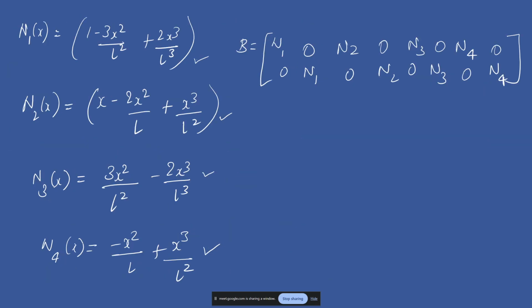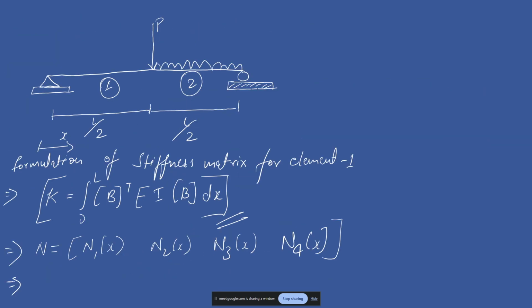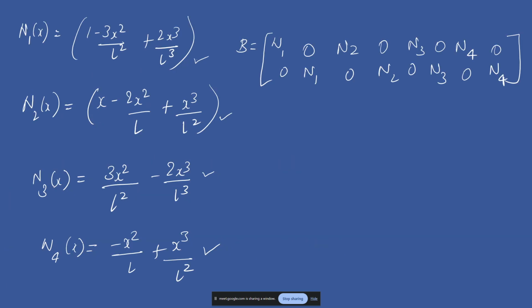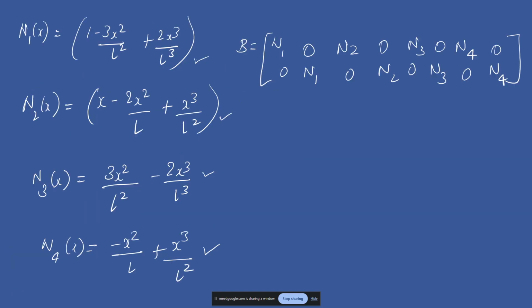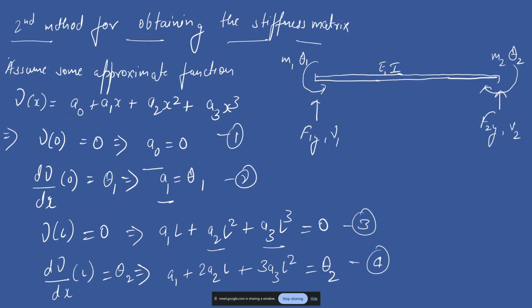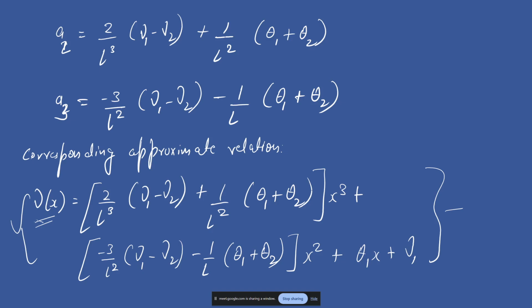So there's one way which you can use the shape functions and form your stiffness matrix. There is another way which you can utilize by using the conventional beam theory. You can use that particular beam theory and then you can formulate your approximate function.